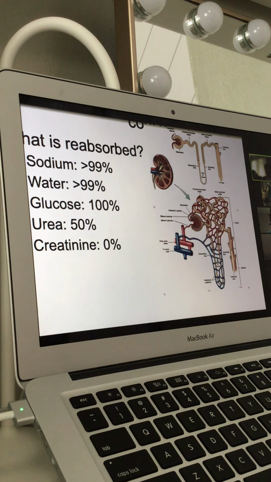Sodium, 99% reabsorbed. Water, also reabsorbed. Glucose is 100% absorbed. Urea is reabsorbed. Creatinine is not reabsorbed. Creatinine will be excreted in the urine. I am sorry, creatinine is not reabsorbed. Okay.